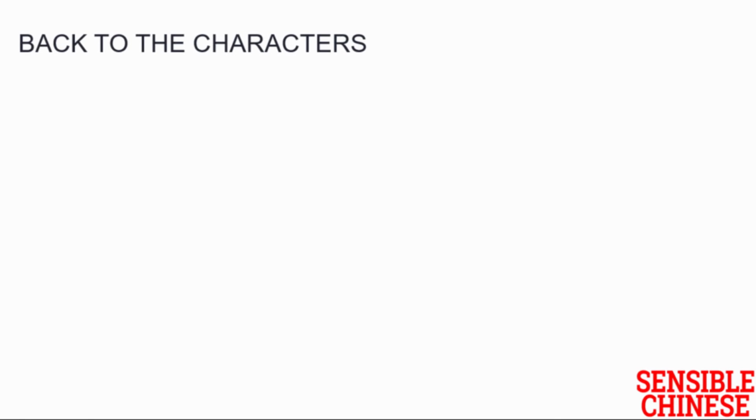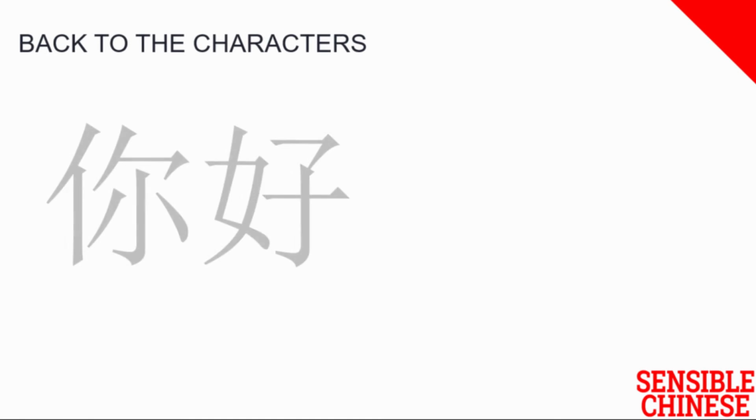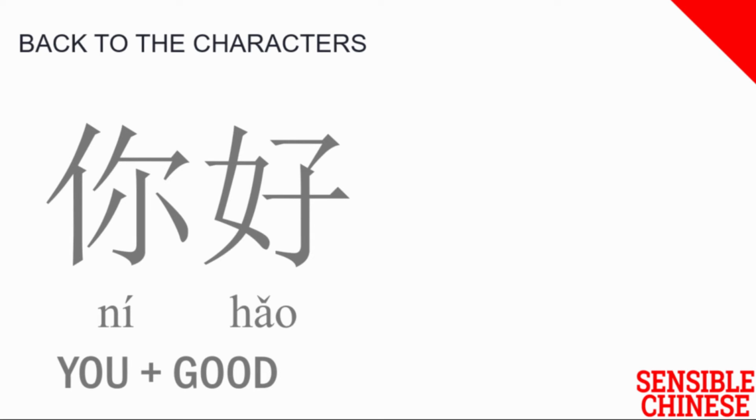Let's have a look at the characters themselves. The first character here is ni, which means you in Chinese. The second character is hao, which means good or well. By putting you and good together, we create the word for hello.